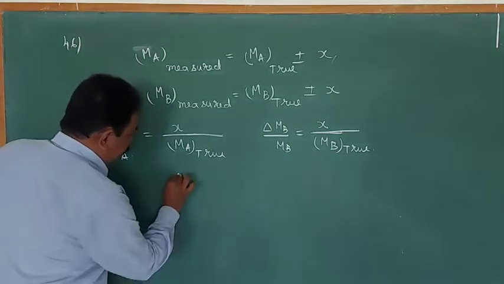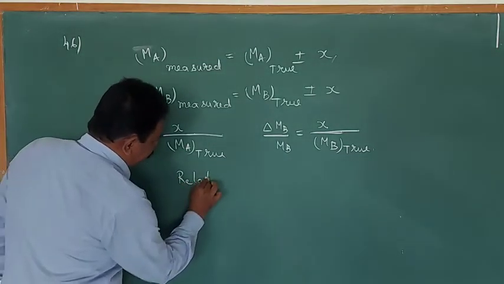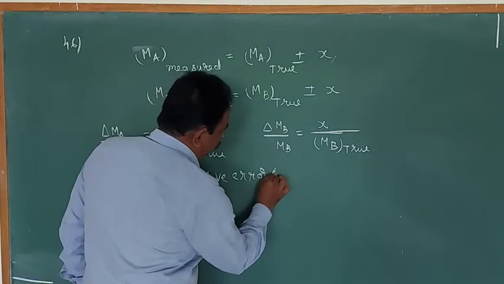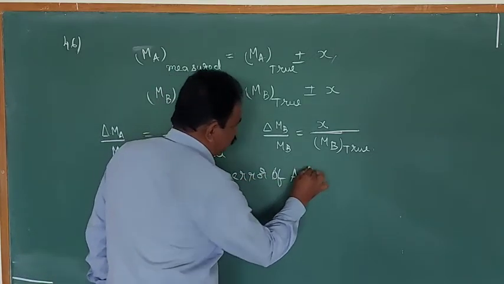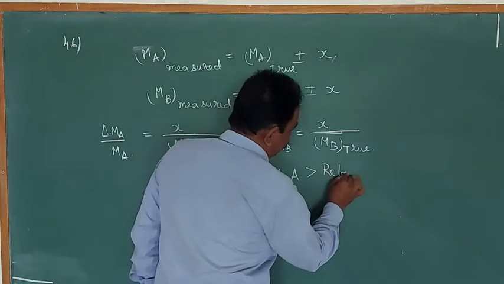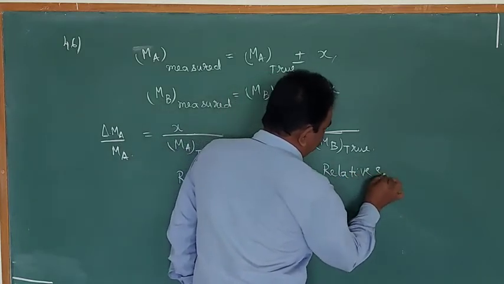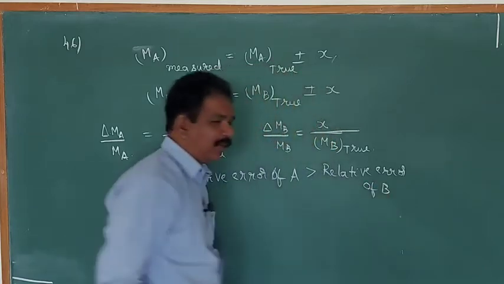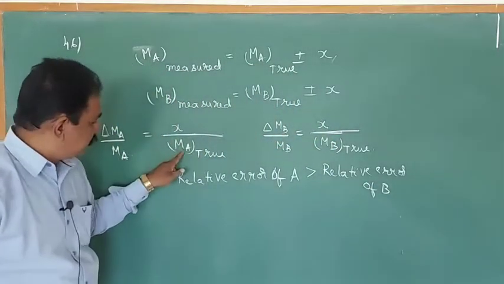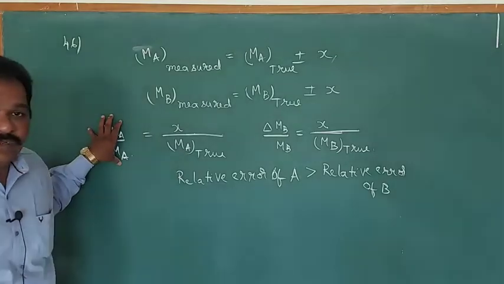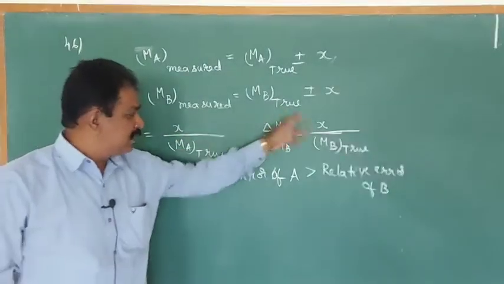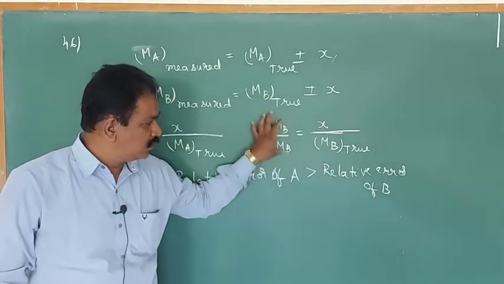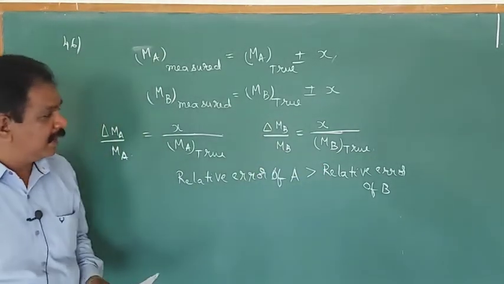So relative error of A should be greater than relative error of B. The point is clear? It is less, so this value will be more. X is the same only, na? So this is less more, so this value will be less.